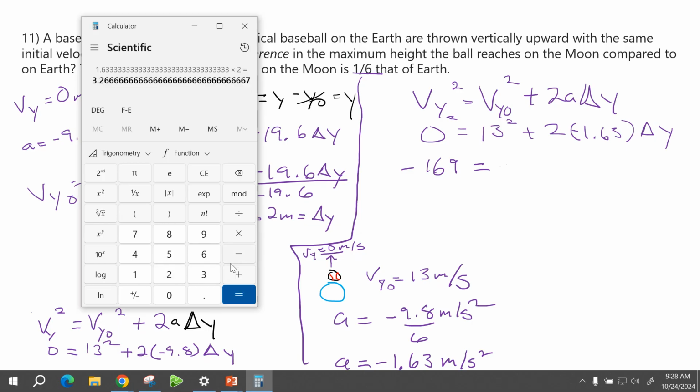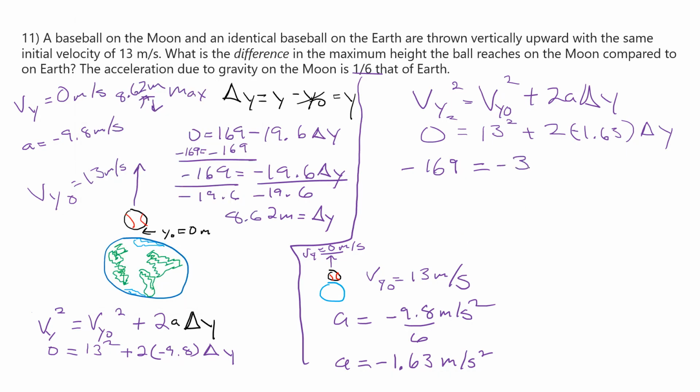And so it's a negative 3.27 times delta y. Divide both sides by negative 3.27.